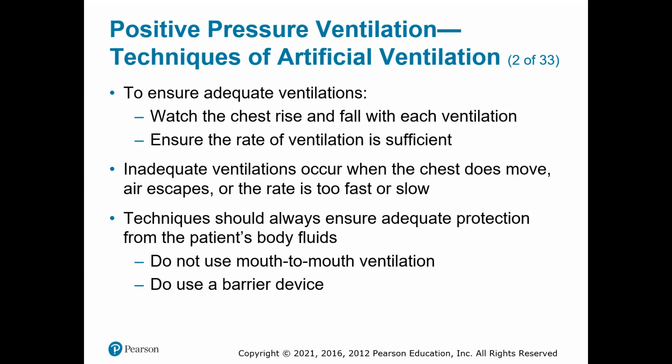We typically breathe 14, 16 times a minute. But since we're artificially ventilating and we're putting a lot more in, and we're doing that positive pressure, we might be putting pressure on the heart and the blood vessels. We don't have to go nearly as fast. So 10 to 12 breaths per minute is going to be sufficient.